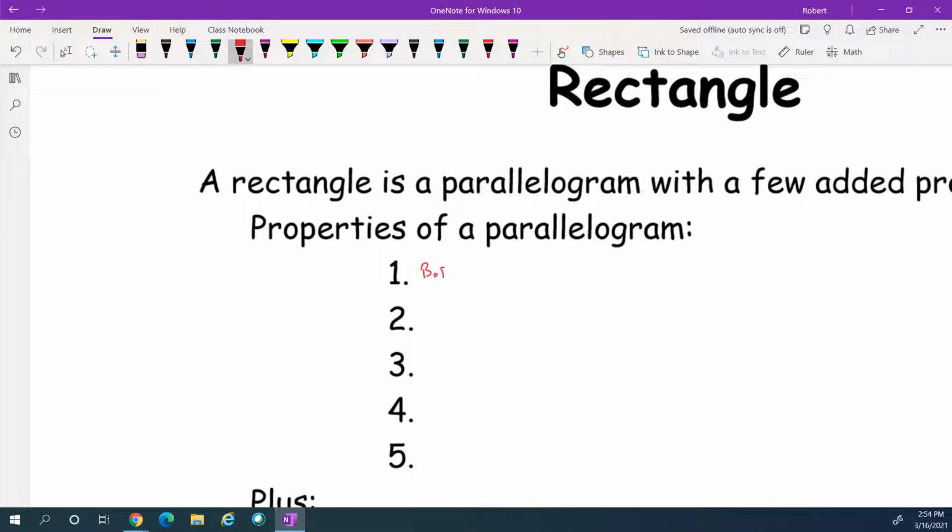We have both pairs of opposite sides are parallel. Both pairs of opposite sides are congruent. Both pairs of opposite angles are congruent.